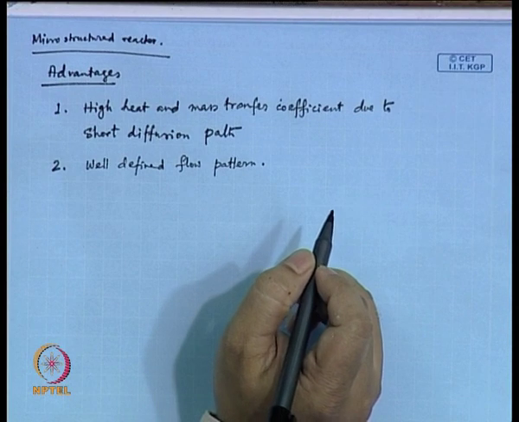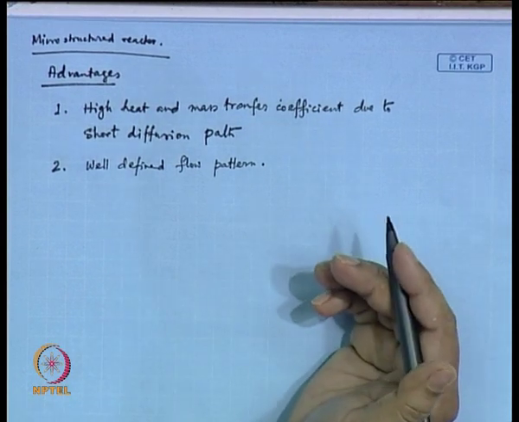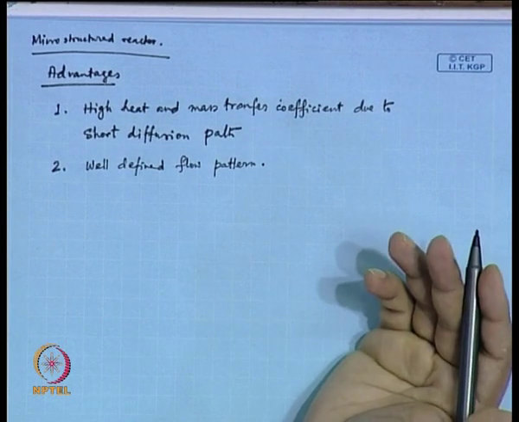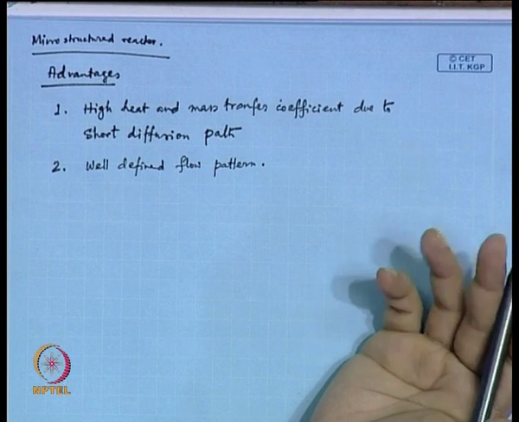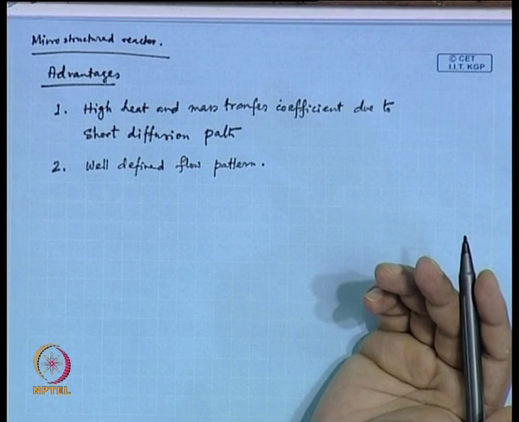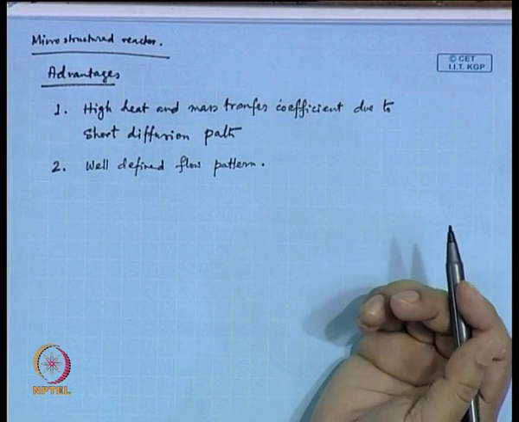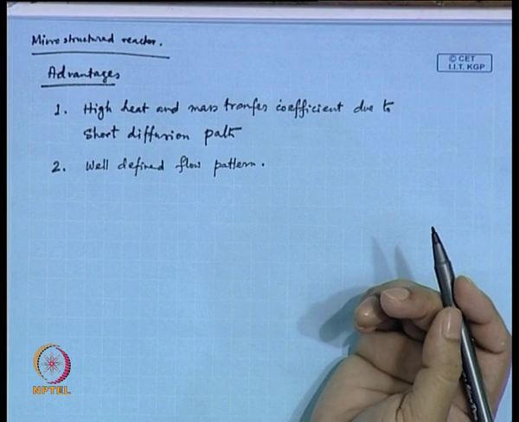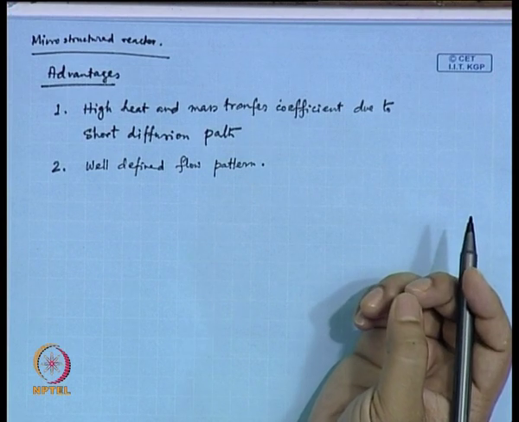Why I mention this well defined flow pattern is that the other candidate, if you look at other modes by which these reactors operate on an industrial scale, is basically packed bed type reactor, but inside a packed bed the channels are pretty random. That means, in some places channels are wider and in some places channels are too constricted.